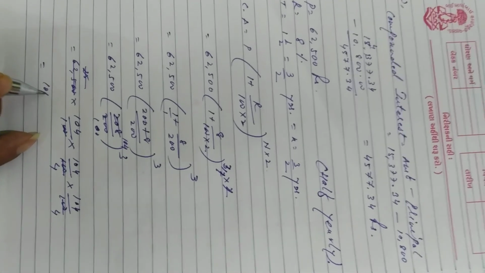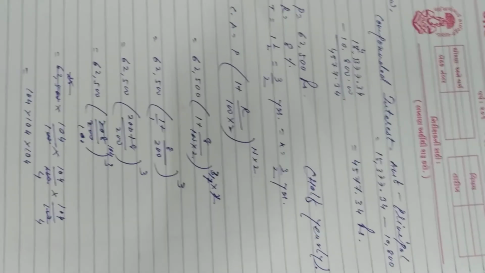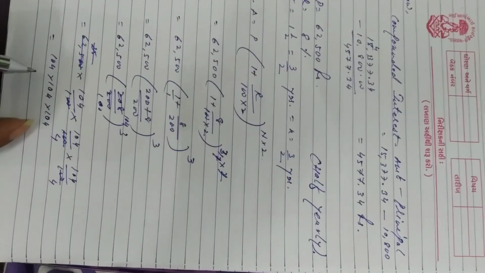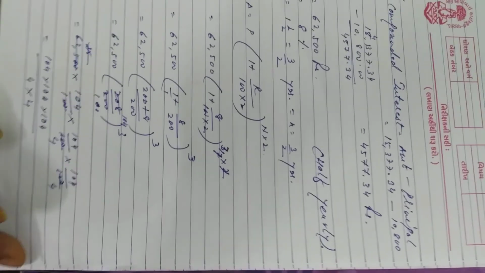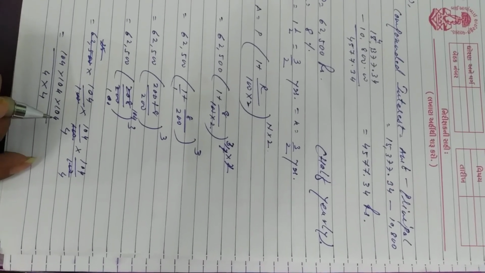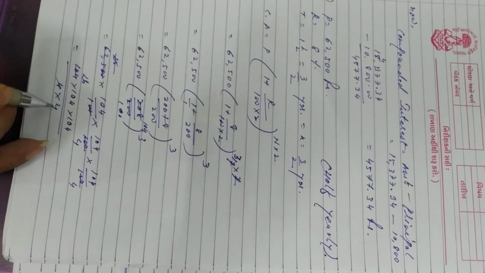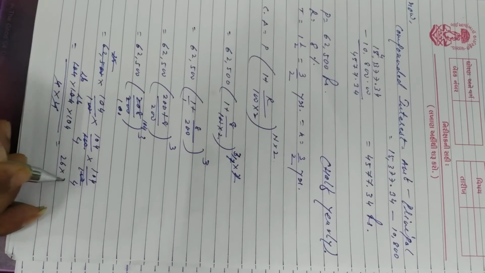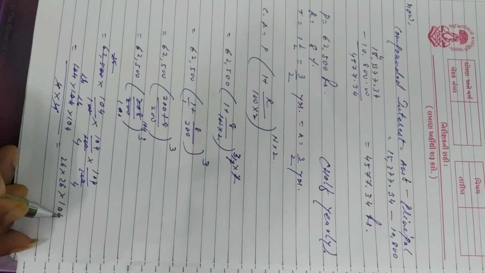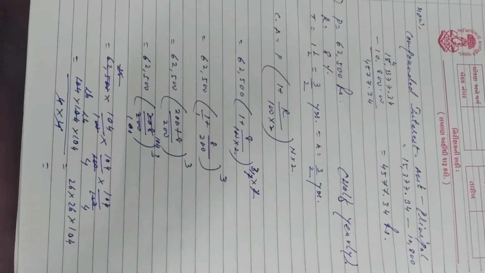Is equal to 104 multiplied by 104 multiplied by 104 multiplied by 100, upon 4 multiplied by 4 multiplied by 4. Now 4 how many is that? 26 times 4 is 104. So it is equal to 26 multiplied by 26 multiplied by 104.